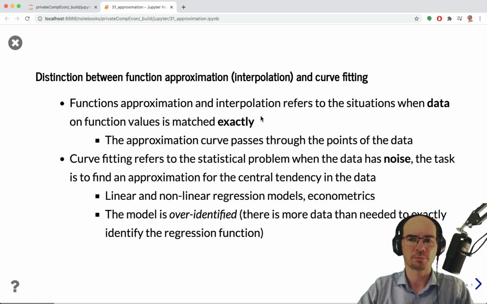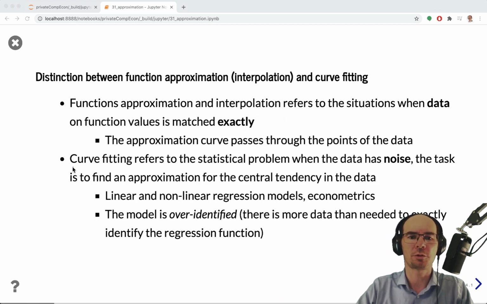This is the case where the data, functional values of the collection of points, is matched exactly. So this is essentially the connect the dots case, or it could be that we come up with an approximating function such that it is exactly equal to the function of interest in all of those points.